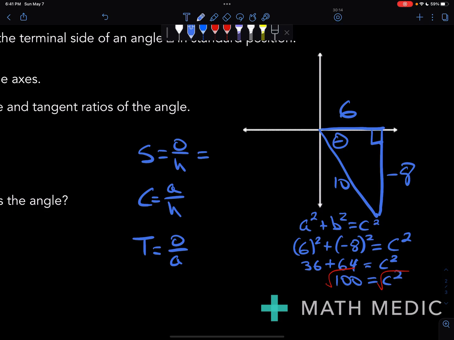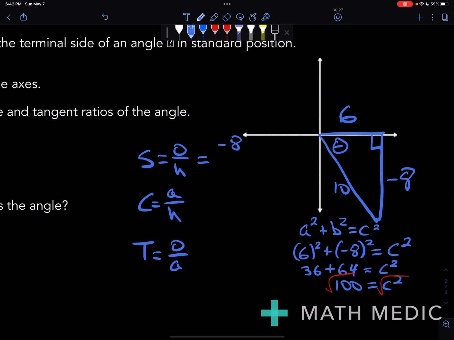So when we're looking at theta, the side opposite of theta is -8. The side adjacent to theta is 6. If you get a fraction, you can reduce as we did here. We're going to divide top and bottom by 2 and reduce that fraction to -4/3. You always have to reduce.